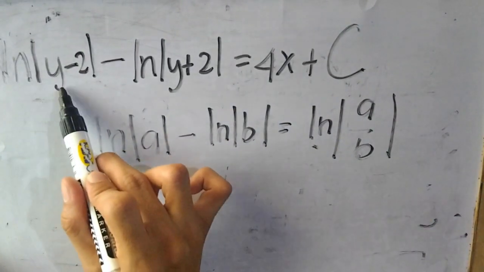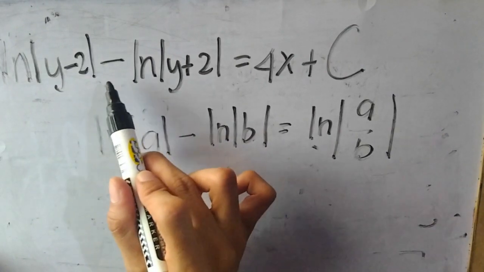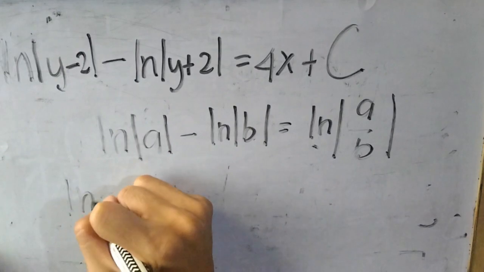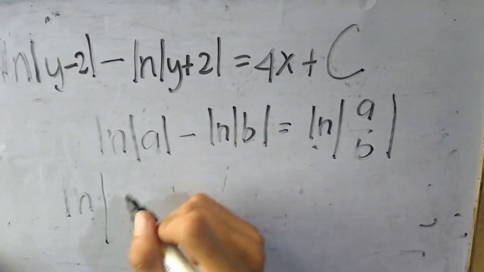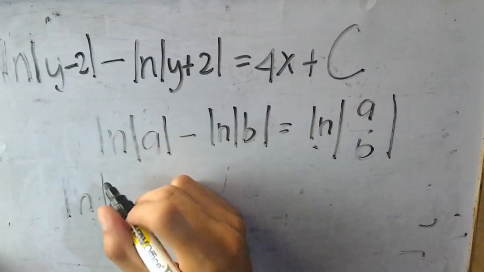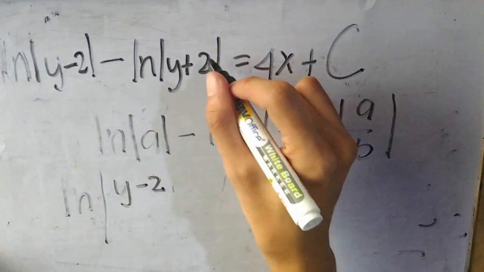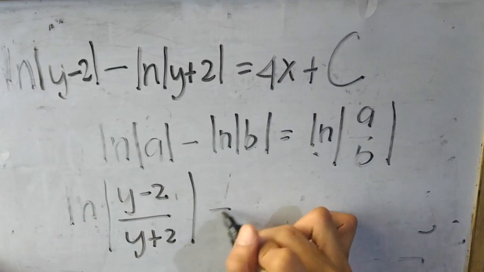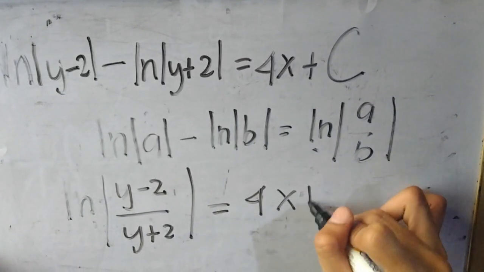So ln y minus 2 minus ln y plus 2 is equal to ln, now a is y minus 2, over y plus 2, equals 4x plus c.